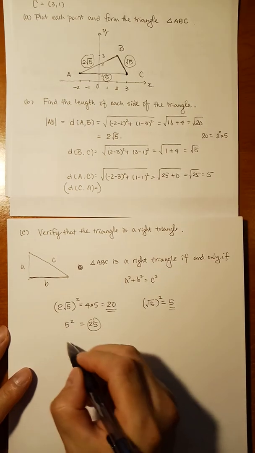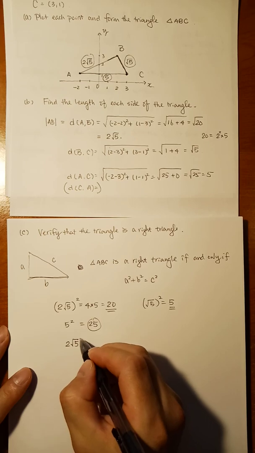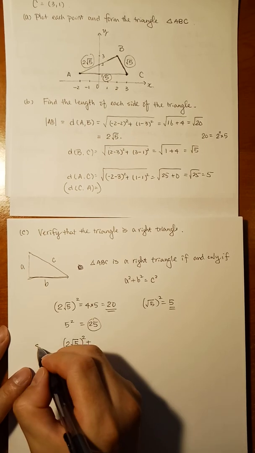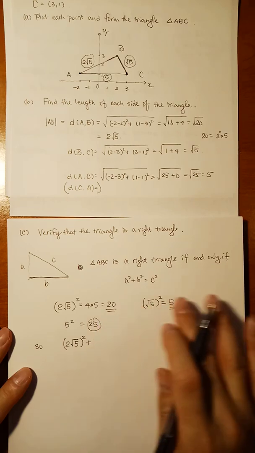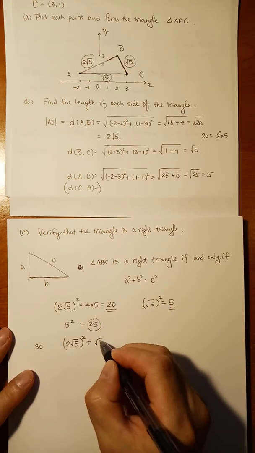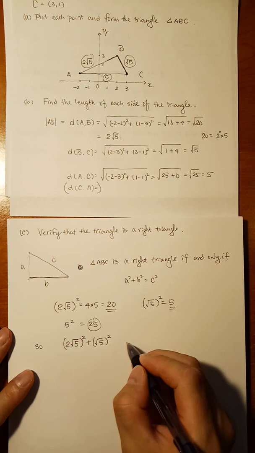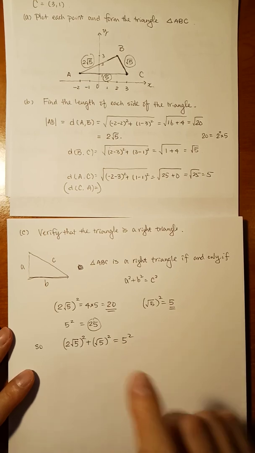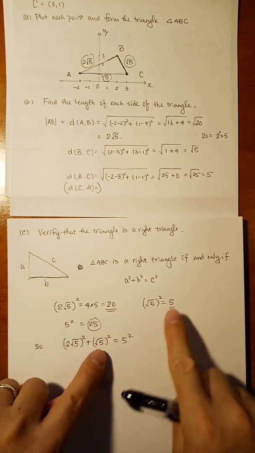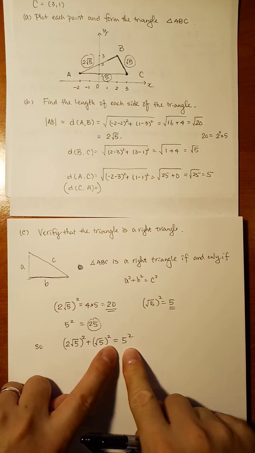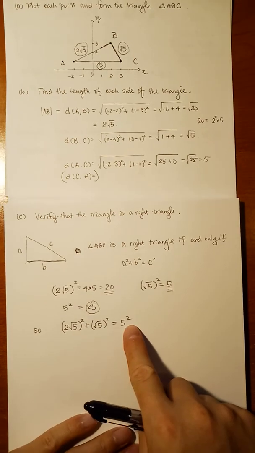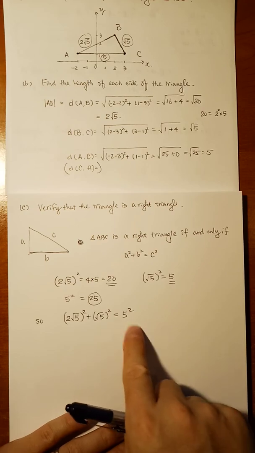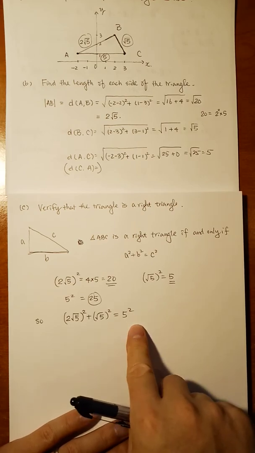So first we verify the squares and see if they have some connection. We do find the connection: this side squared plus this second side squared is equal to the third side squared. We check the condition of the Pythagorean theorem, then we can apply it and get the conclusion.